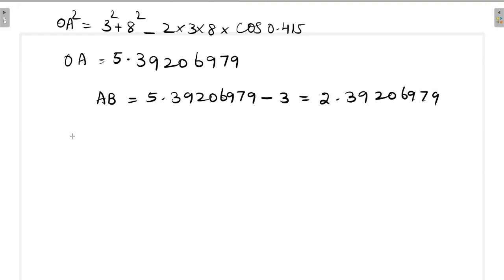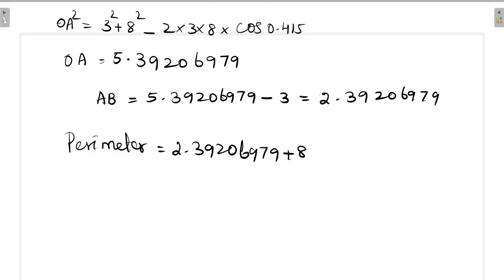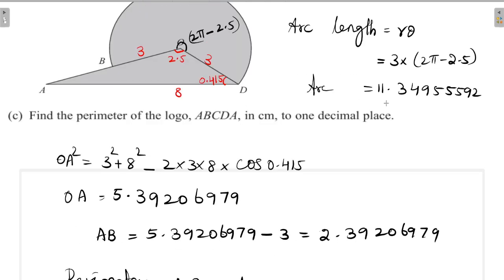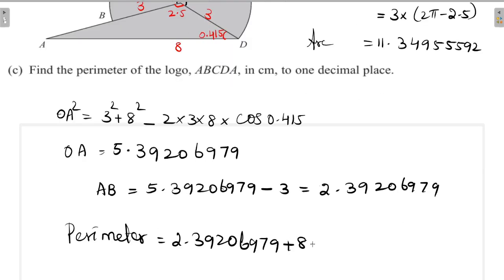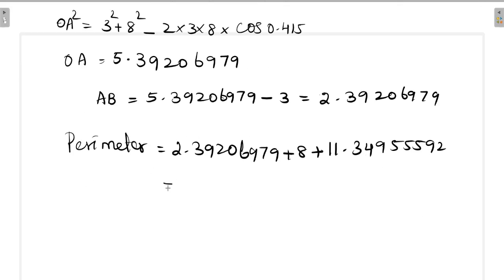So the perimeter of the logo is 2.39206979 plus 8, which is one of the other sides, plus the arc length, 11.3495592. So the required perimeter of the logo is 21.7 centimeters to 1 decimal place.